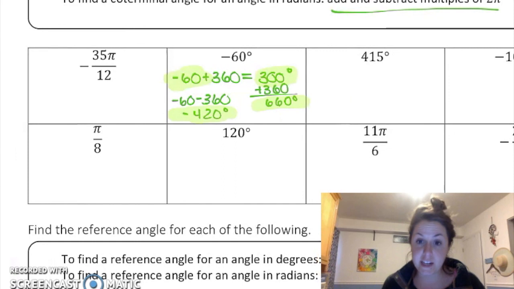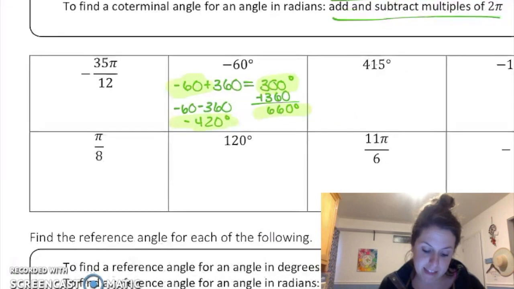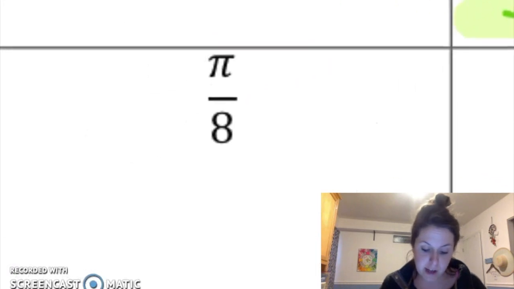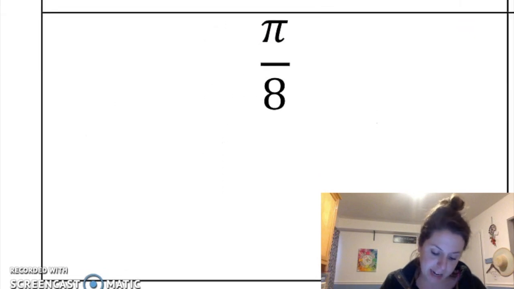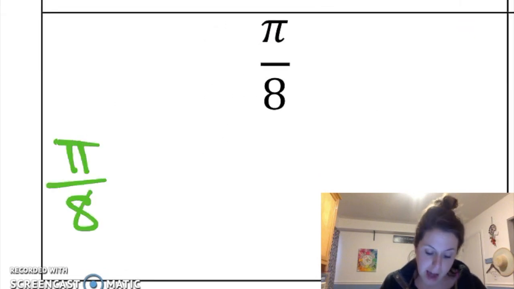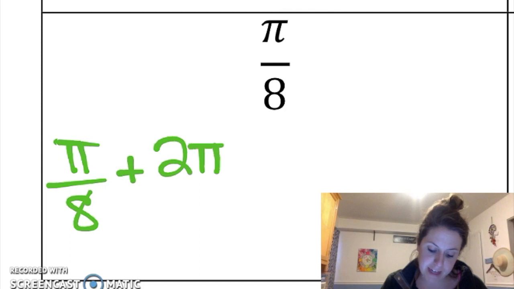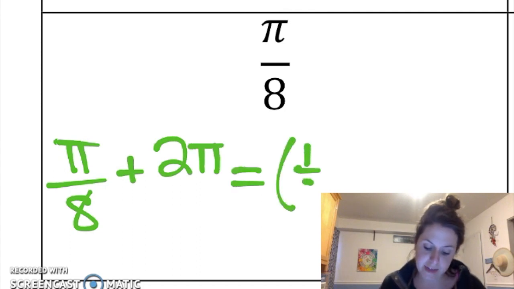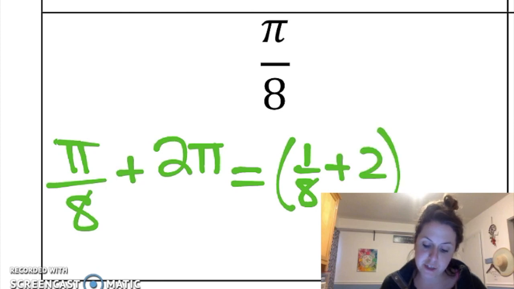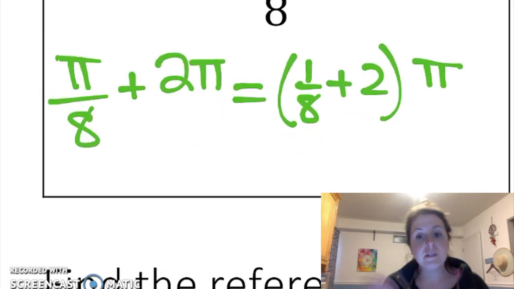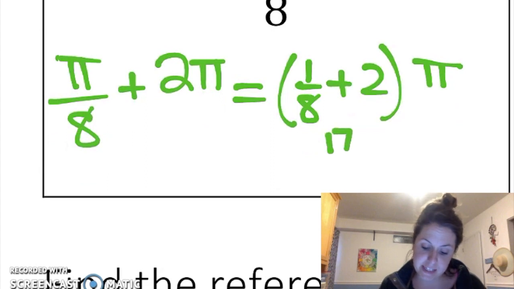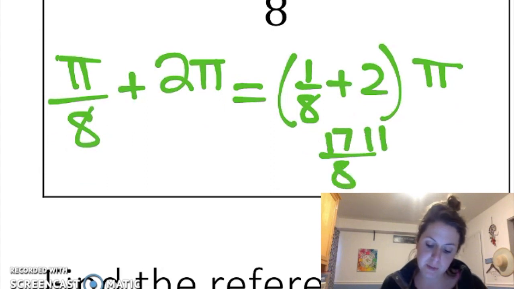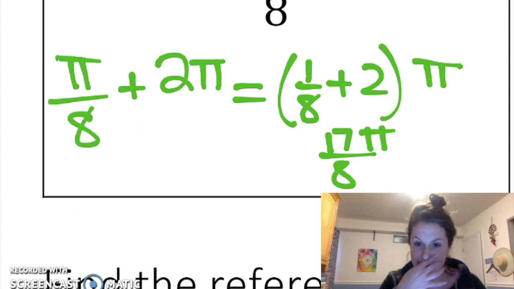Now, if you're doing it in radians, what you're going to want to think about is adding 2 pi. So let's say I start with pi over 8. I want to add 2 pi radians. What you can do in your calculator is just do 1/8 plus 2 and then multiply that answer by pi. So 1/8 plus 2 would be 17 over 8 and then multiply by pi, so 17 pi over 8.